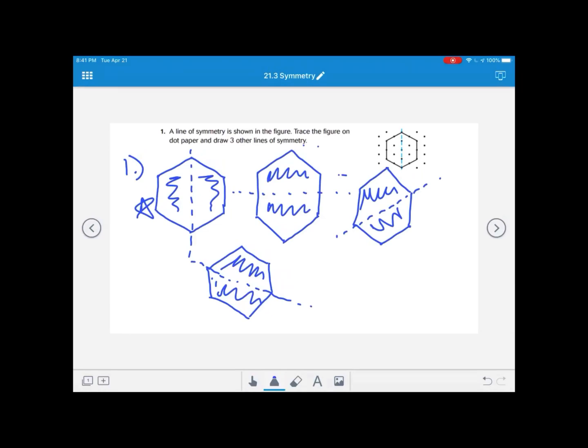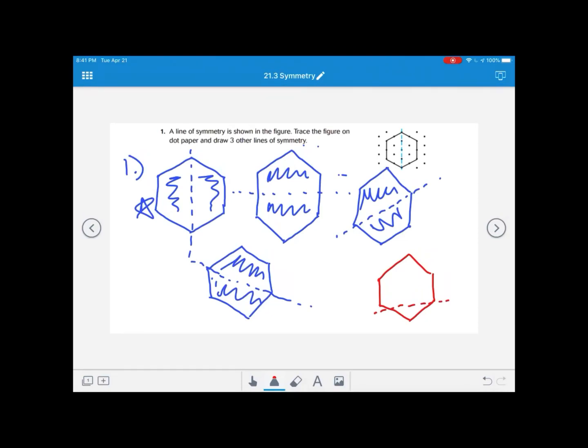Now I want you to notice, each time I do that, I'm splitting it in half. Let me show you an example of why we want to do that when we're drawing lines of symmetry. If I split it in another way, like let's say I draw my line like that, although I've split it across the figure, I'm not splitting it evenly.